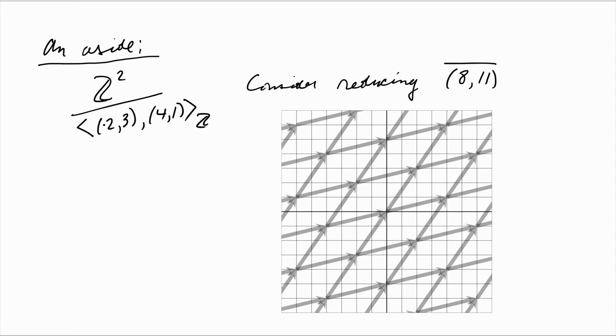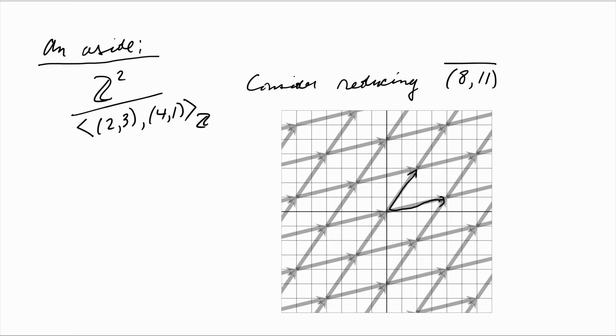And if we mod out by the integer span of 2 elements of Z squared, you can think of them as vectors or arrows, (2, 3) and (4, 1). Here's a little description. So (4, 1) is like this arrow right here, and (2, 3) is like this arrow.